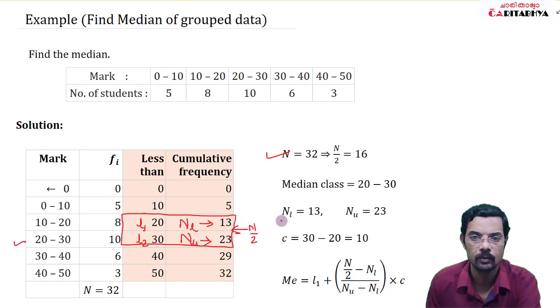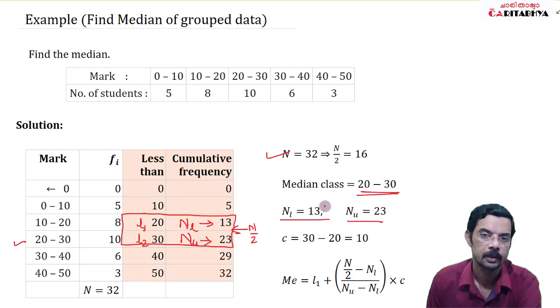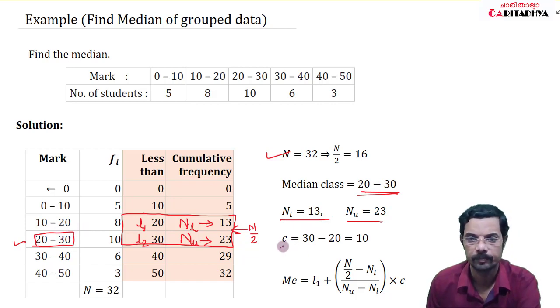So NL is equal to 13 and NU is equal to 23. The class length is 30 minus 20, the length of the median class, which will be C. Then we will use the formula: median is equal to L1 plus N by 2 minus NL, divided by NU minus NL, into C.